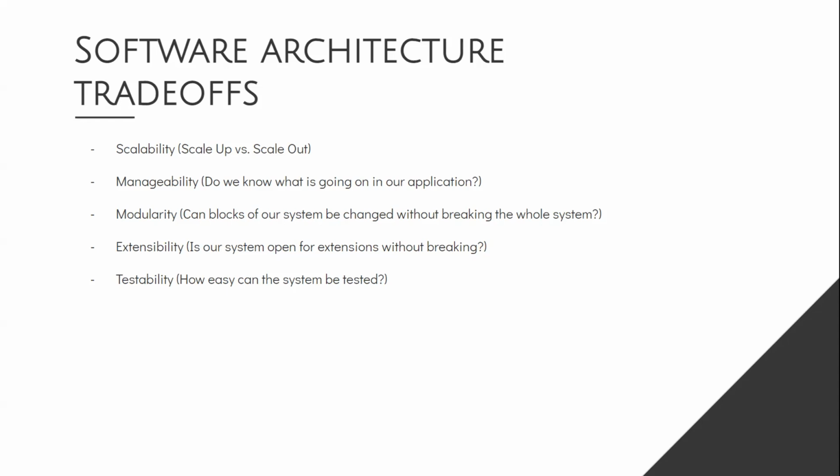For example, if we have a recommendation system for a part of our application, can we just take it out and plug in another one without breaking the whole system? In this case, we could develop a new system in the background and then just exchange it without having any downtime at all. So how modular is the system?